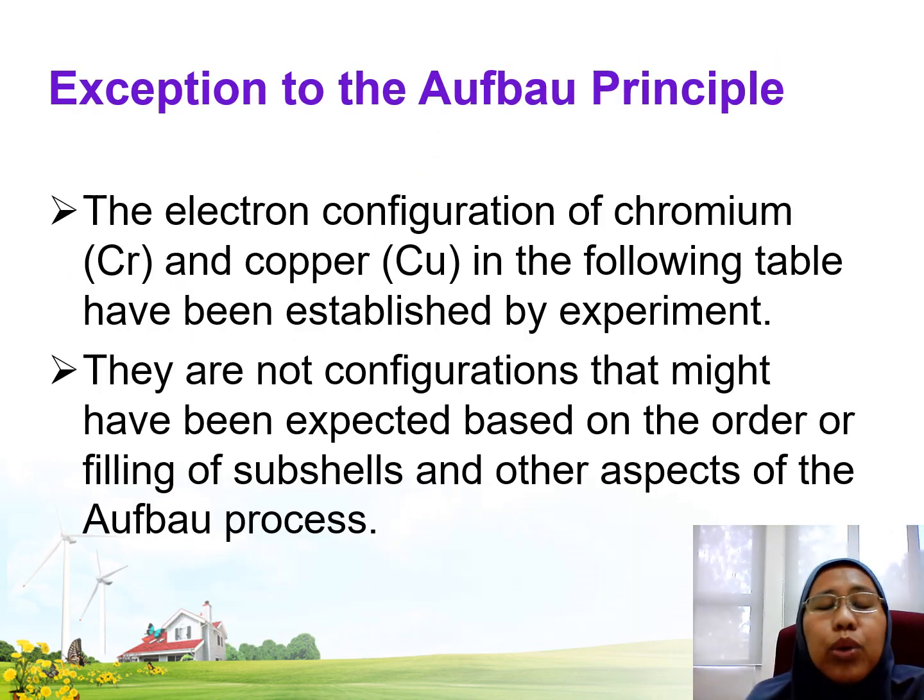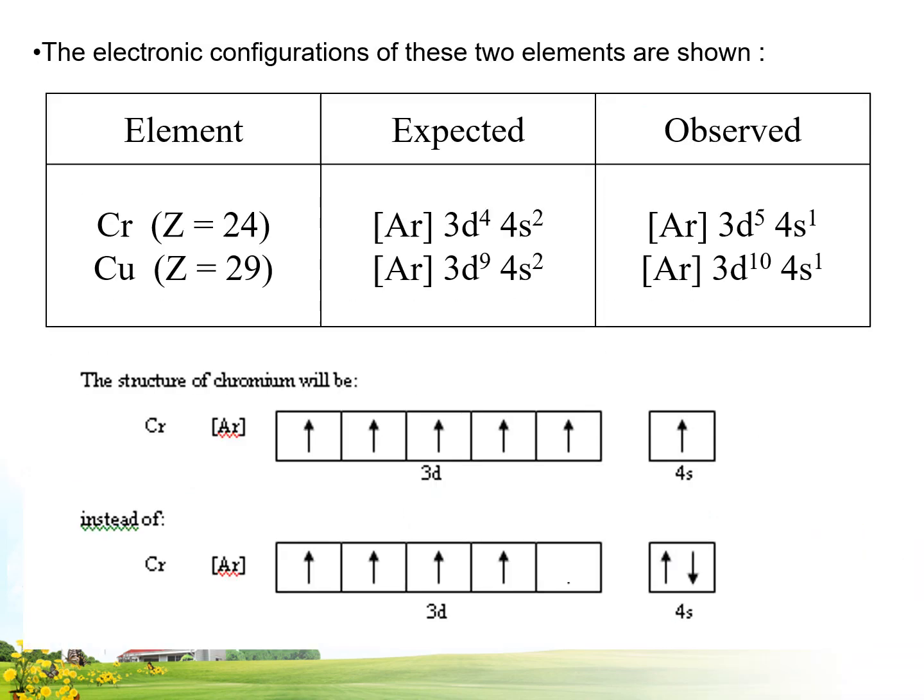Next, we are going to learn about exceptions to the Aufbau Principle. The electronic configurations of chromium and copper have been established by experiment, and it was found that they are not the configurations that follow the Aufbau Principle. Why is that so? First, let's look at chromium.